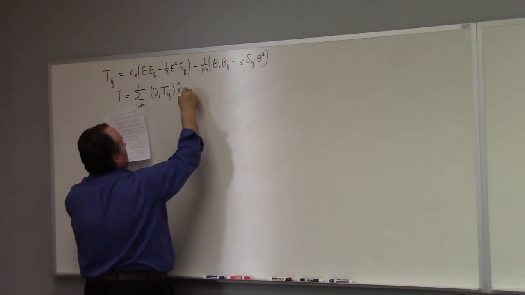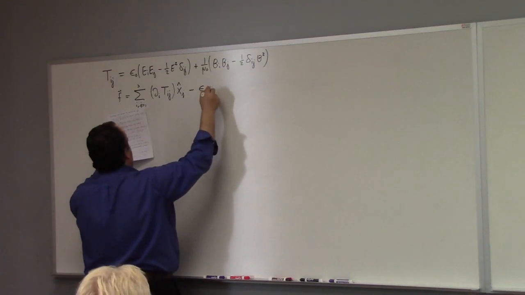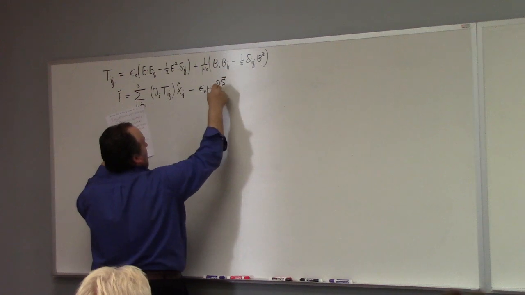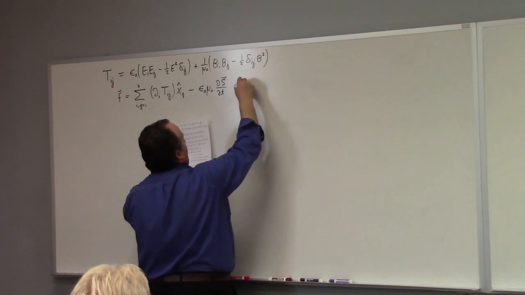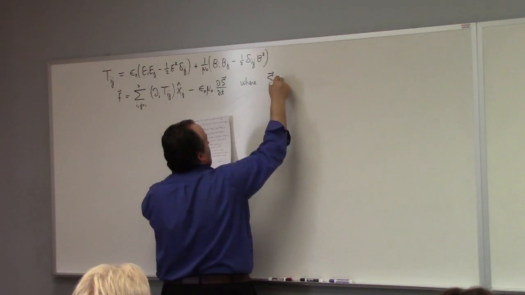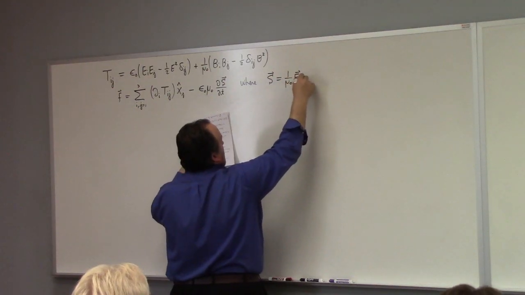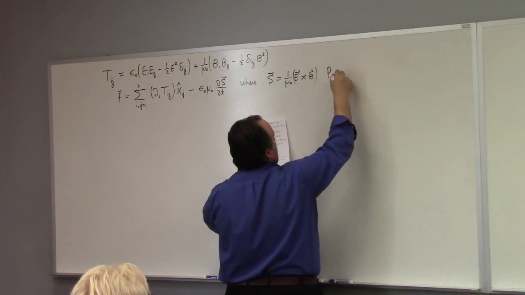And then minus, interestingly, epsilon naught mu naught partial S partial t, right? Where, remember, we also have introduced of late the Poynting vector, which is 1/mu0 the cross product of E and B, right? Poynting vector.